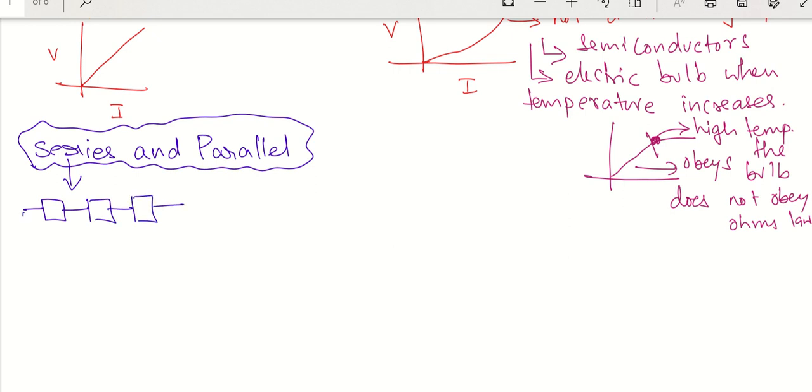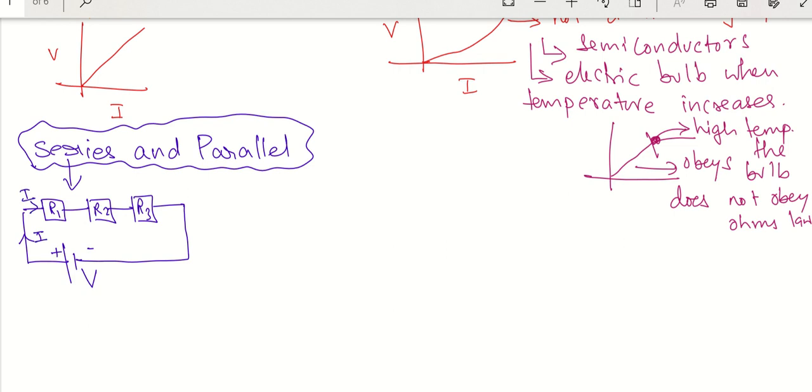And then we connect that to the power source here, which is the voltage we are supplying. And this is R1, this is R2, this is R3. The interesting thing is, this is positive, this is negative, and the current direction is going this way.